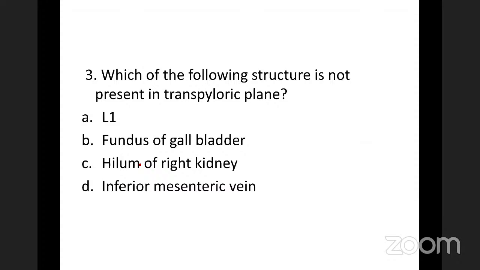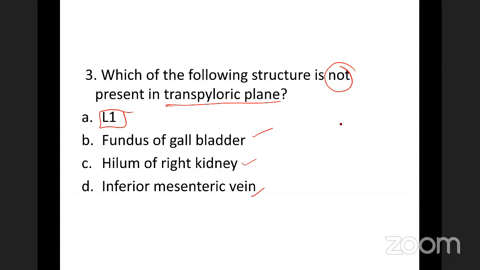Which of the following structures is not present within the transpyloric plane? Is it L1? Is it the fundus of the gallbladder? Is it the hilum of the kidneys or the inferior mesenteric vein? Guess the answer, students.